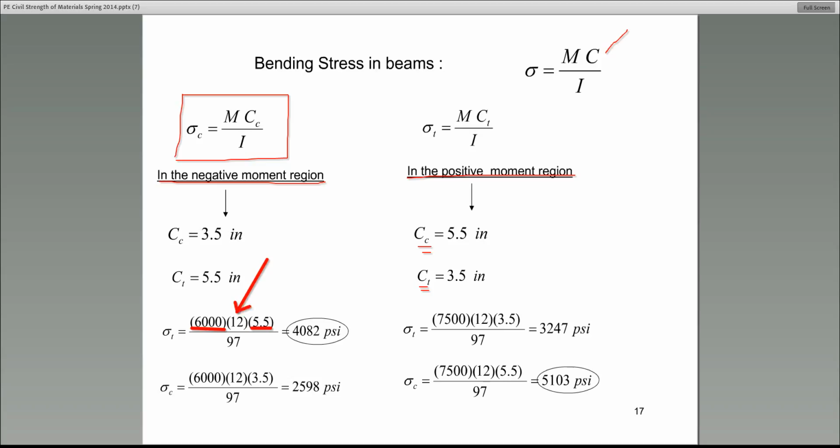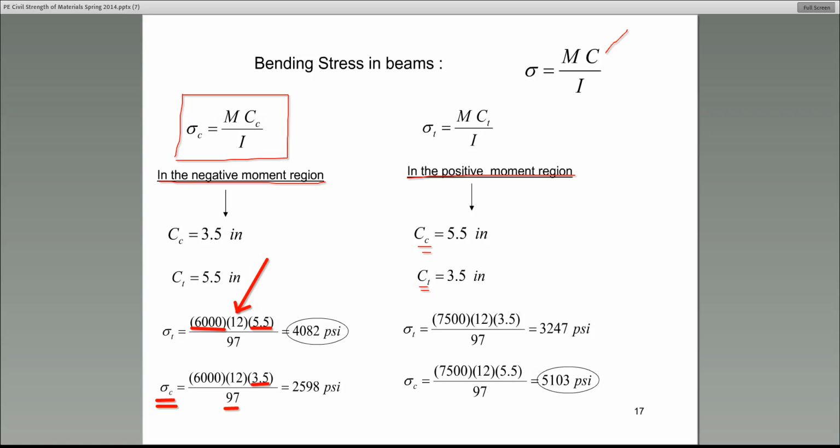So please make a note to yourself why we are using that 12. Then let's move on to the bending stress in compression. Again, we're still in the negative moment region. So what we have is 6,000 times 12, which is the conversion factor. Now we multiply by C sub c, which is 3.5, divided by the moment of inertia, which is given, 97.